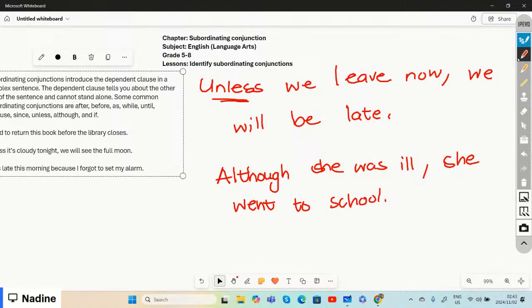All right. And if we were to choose our subordinating conjunction, then although is our subordinating conjunction. So although she was ill, she went to school. Well done. Although is our subordinating conjunction.